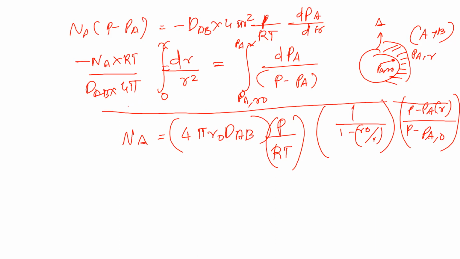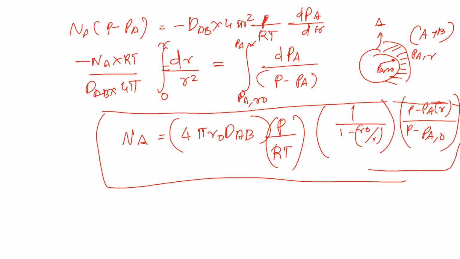So if we need a particular radius at a particular point, we can see the diffusion of the species into the mixture.